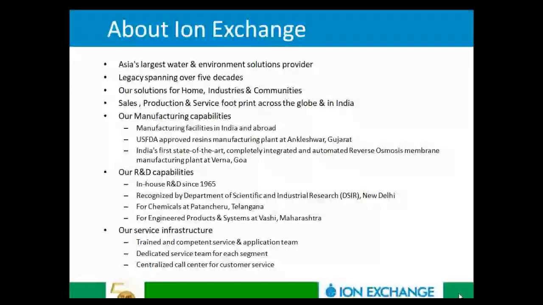And each of these verticals has a dedicated service team, because the requirements are different, the application is different, the volume or the size of the solution is different. So we need to have different teams, different capabilities, different resources to cater to the varied requirements of our customers.